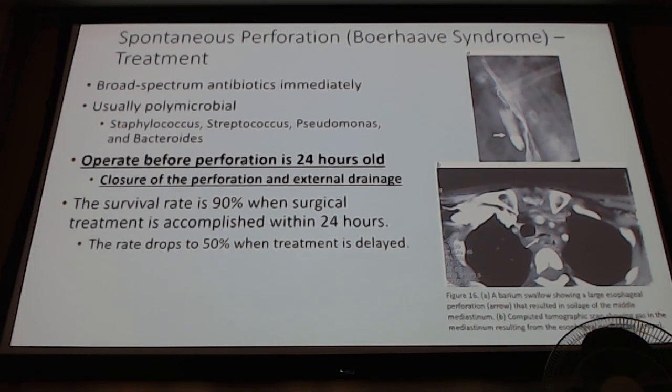Okay. All right, so what do we do to treat it? We put them on broad-spectrum antibiotics immediately. This is normally polymicrobial. What antibiotics do you think we would do? What's your first thought? Not vanc. Nope. So what type of organ is the esophagus?